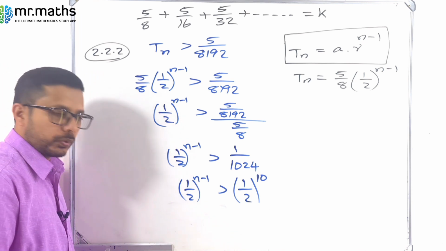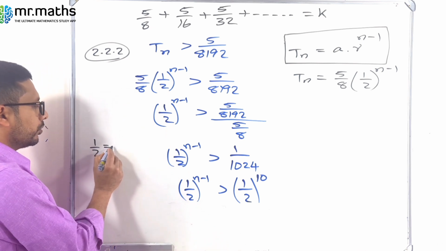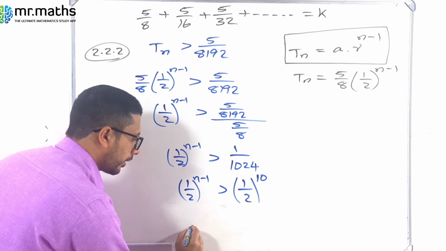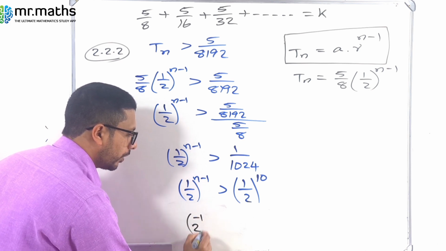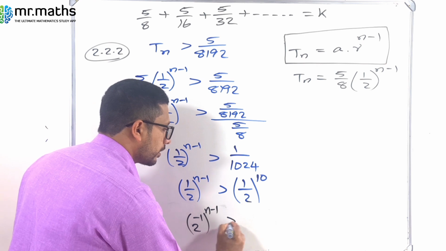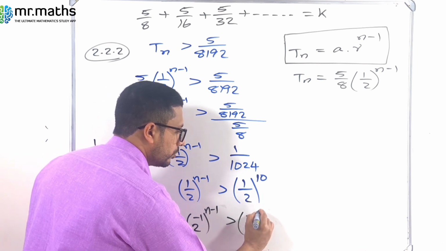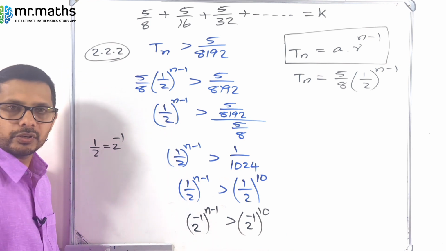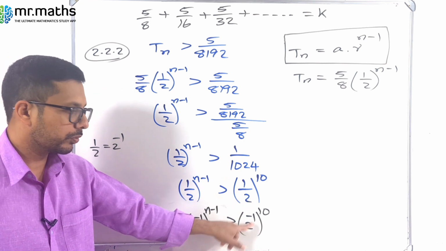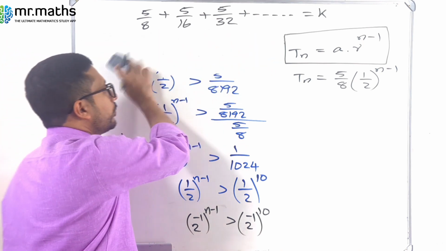Now 1 over 2, how can you write this 1 over 2? 2 raised to minus 1. Alright. So this 1 over 2, I can write it as 2 raised to minus 1, raised to n minus 1, is greater than, here also 1 over 2, so it is 2 raised to minus 1 raised to 10. You understand? This 1 over 2, I wrote it as 2 raised to minus 1. Here also 1 over 2, 2 raised to minus 1. Now we have to expand that bracket.